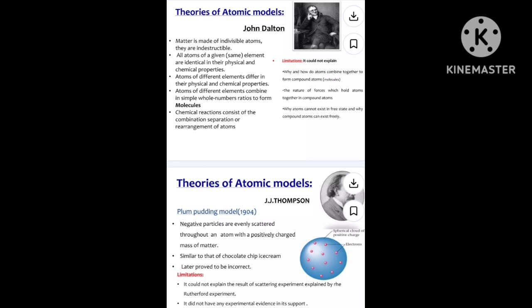Polymer means a long chain-like structure, where many small units combine together. Synthetic fiber and plastic are examples of polymers. Macromolecule means a big molecule, where smaller atoms combine to form a big molecule. So these are the defects of Dalton's atomic theory.